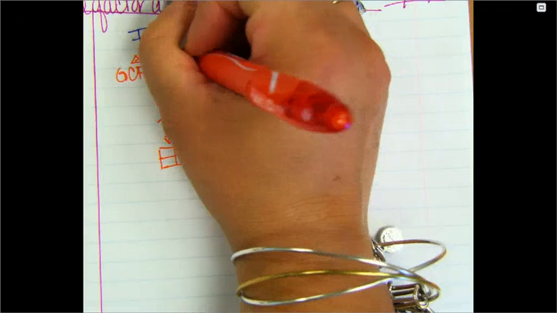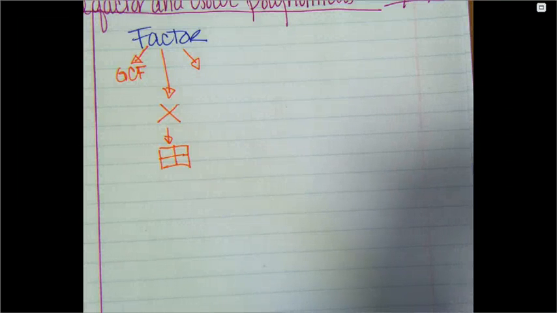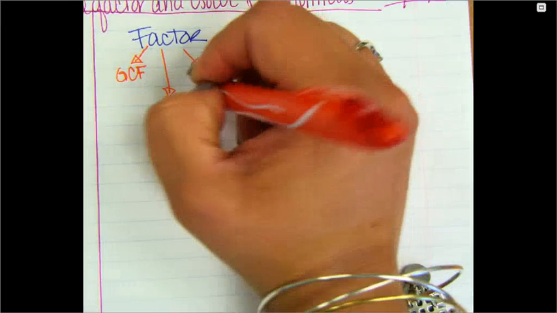No, you could also do what? We just did it on the board. One of them was just a GCF, and the other one was a GCF with what? Thank you.